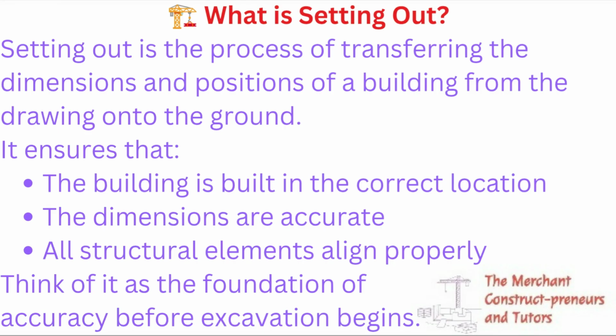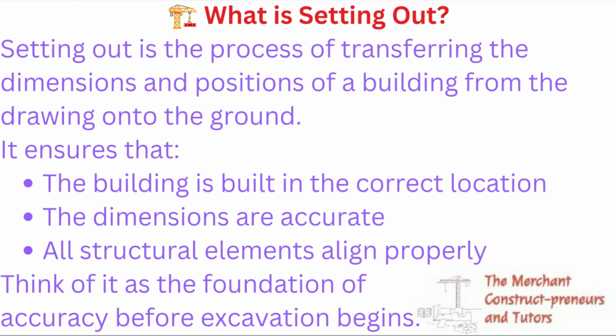Setting out is the process of transferring the dimensions and positions of a building from the drawing onto the ground, just like I said. It ensures that the building is built in the correct location, the dimensions are accurate, and all structural elements align properly. Think of it as a foundation of accuracy before excavation begins. In the drawing, it is perfect.